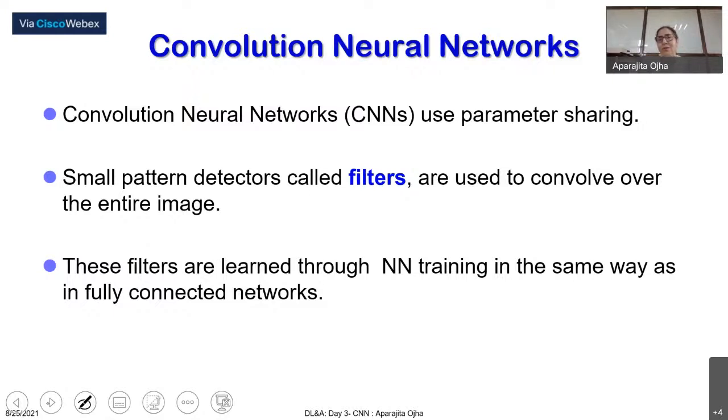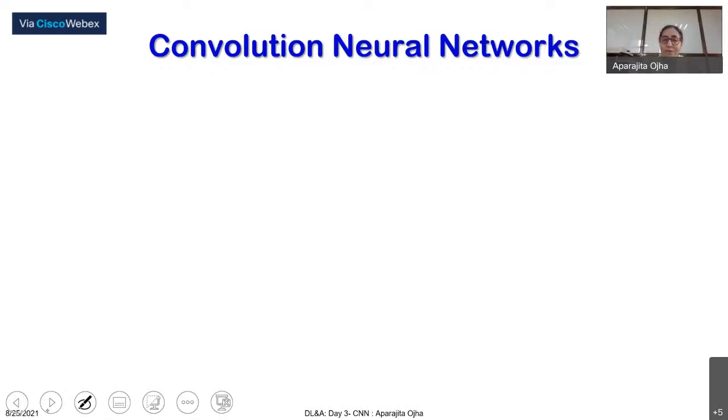In both cases, you have error, and that error is back propagated by taking the gradient of the error, considering this error as a function of weights and bias parameters. In a similar way, convolutional neural networks are also trained. The only difference is that they use filters for detecting patterns.